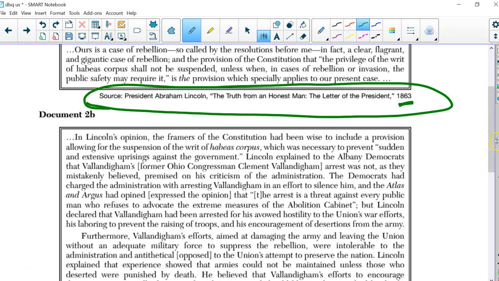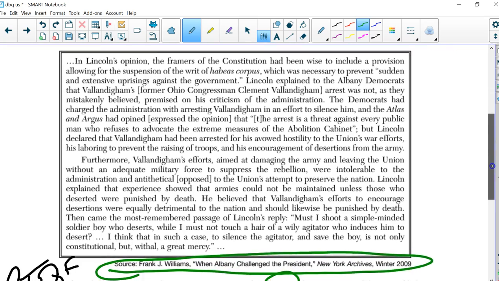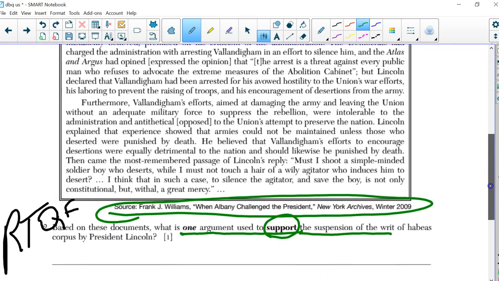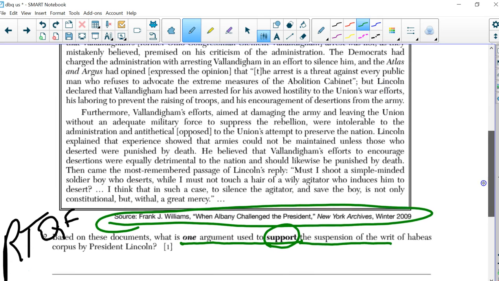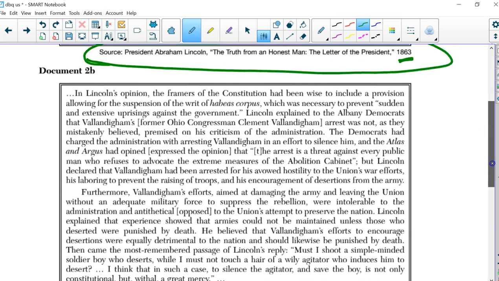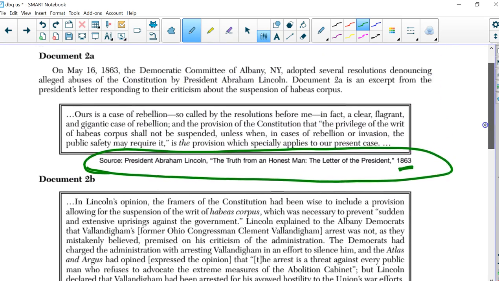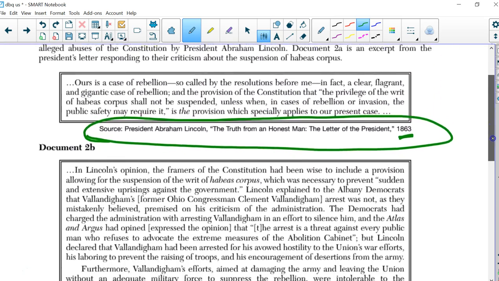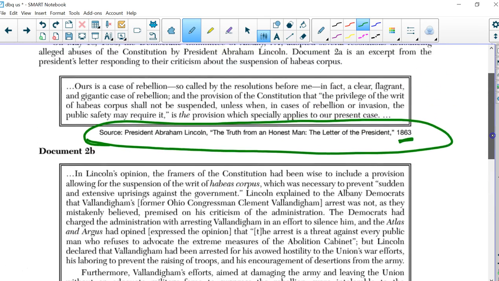So this is 2 years after, right? We're dealing with 1861 on the other page. The source for the second document is Frank J. Williams, When Albany Challenged the President, New York Archives, Winter 2009. That sounds like an article that was published in 2009 talking about what had happened. Okay? So we have primary and secondary source.